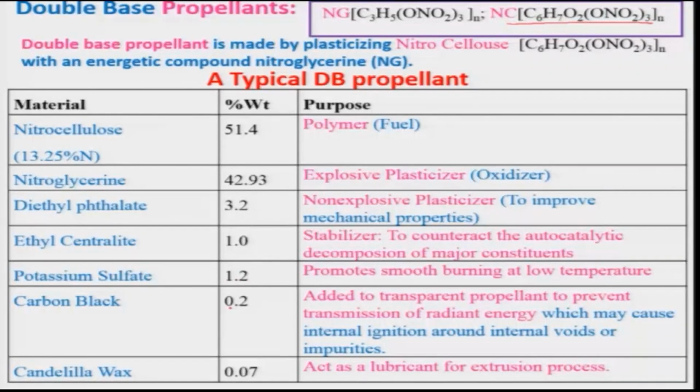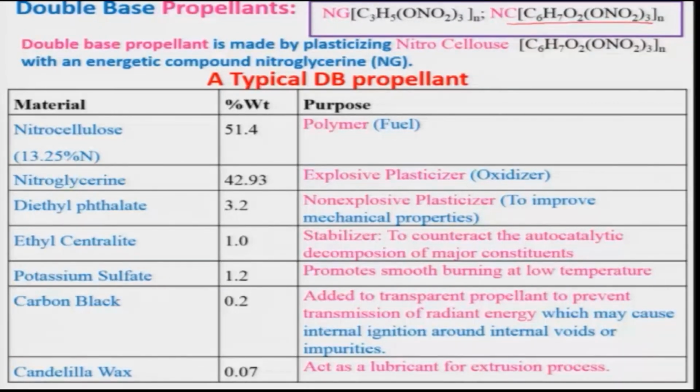Carbon black, which is negligibly small, you can say 0.2%, is basically added to the transparent propellant such that transmission of radiant energy is prevented. Otherwise, this radiant energy may ignite the propellant inside, particularly when there are internal voids, and it may result in catastrophic failure due to the sudden rise of pressure inside the combustion chamber.